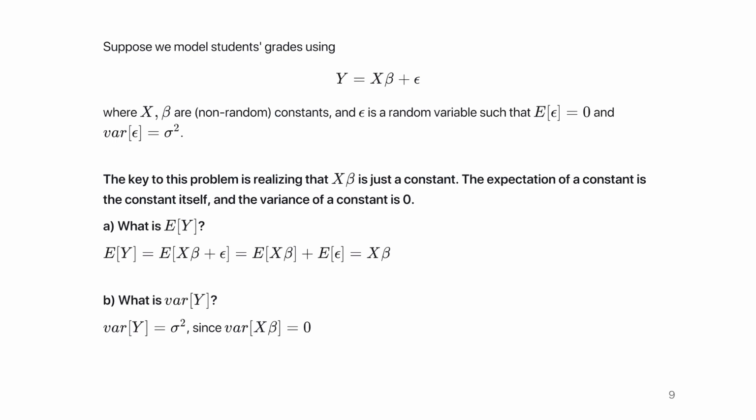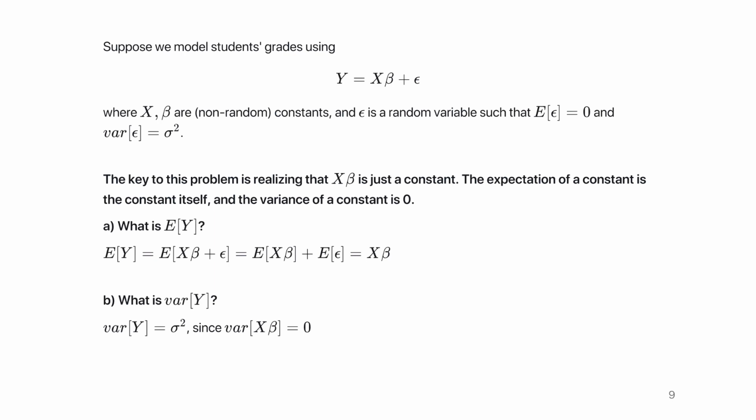Then we can apply linearity of expectation to separate it. We're given that the expectation of epsilon is 0, so that's 0. And the expectation of x beta is just itself because it's a constant. Any questions on part A?